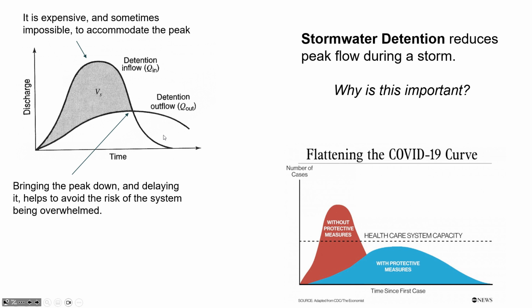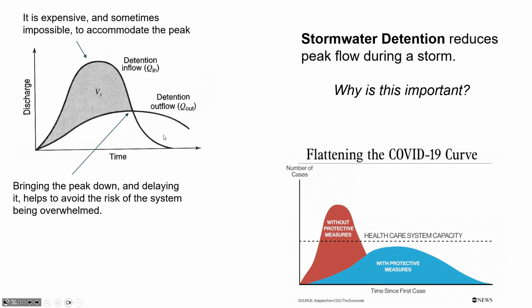And so there's an analogy there that is very similar to the idea of stormwater detention: even if the same volume of water is being received by the pond or the stream, just delaying its arrival, so that all of the contributing areas in a watershed aren't contributing flow at once, is advantageous, and it's not going to overwhelm the infrastructure in the same way that it won't overwhelm the healthcare infrastructure if people get sick over time rather than all at once.